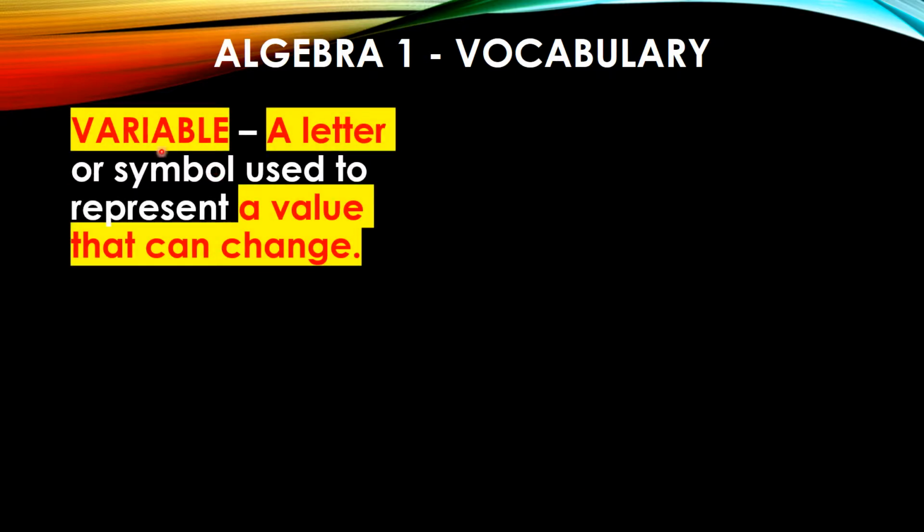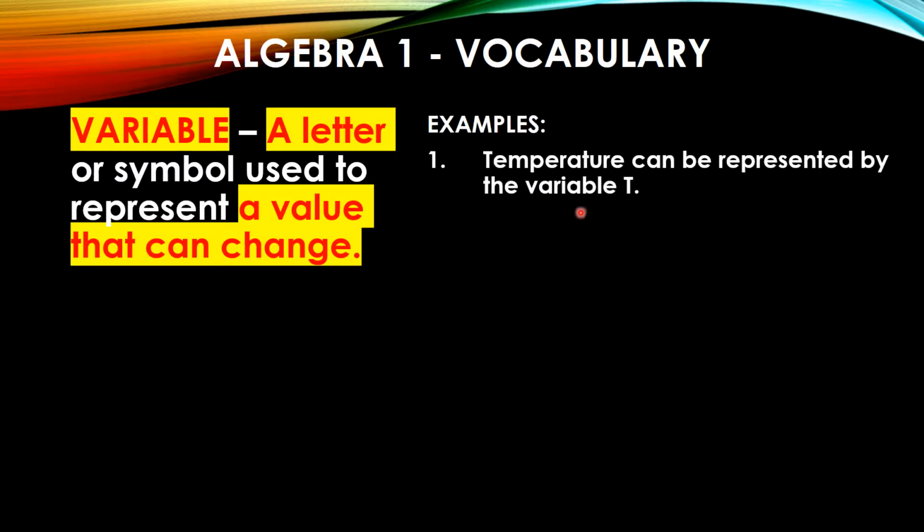Here is our second vocabulary term, variable. And so the definition of a variable is a letter or symbol used to represent a value that can change. So remember, constants never change, like 1 is always just 1. But variables can change. Let's look at an example. Let's say that we're taking the temperature of our city at different times during the day.